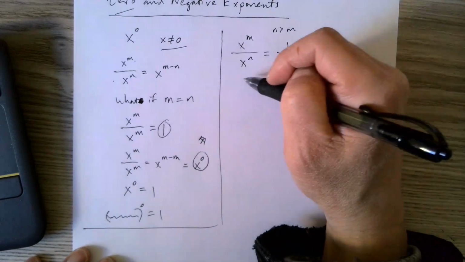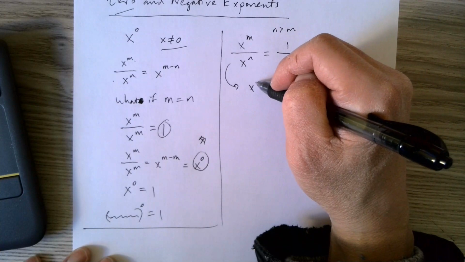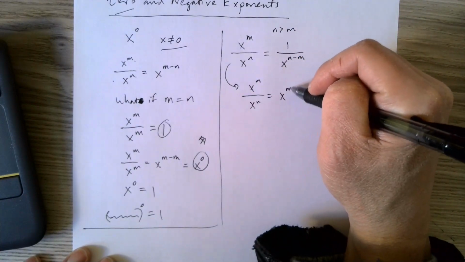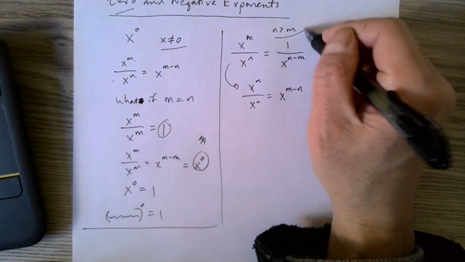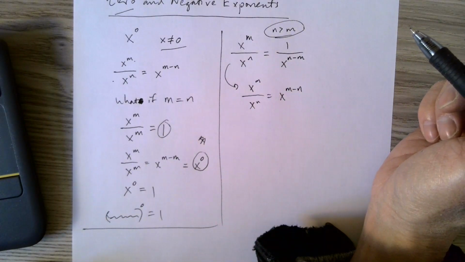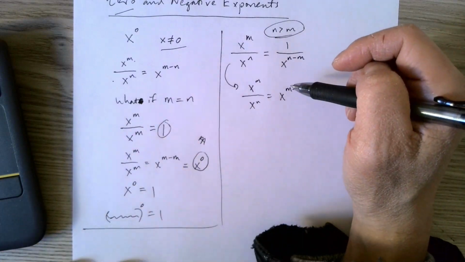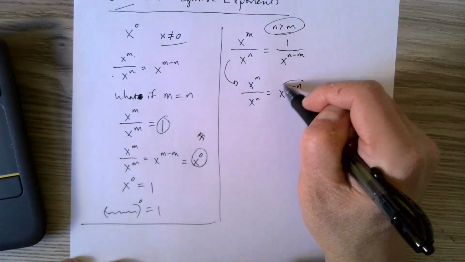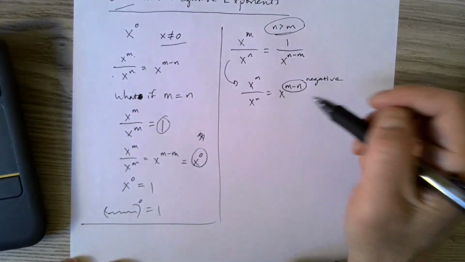However, you can also say that x to the m over x to the n is x to the m minus n, even if n is bigger than m. I didn't state this before in the previous video, but you can do that. However, if you do that, this number here will be negative, right? Because n is bigger than m.